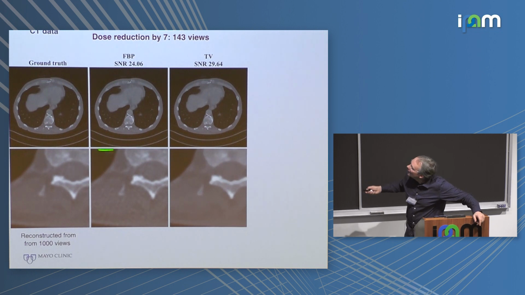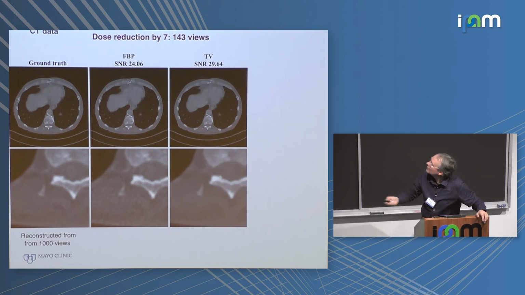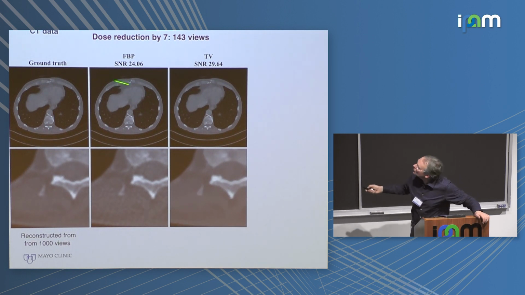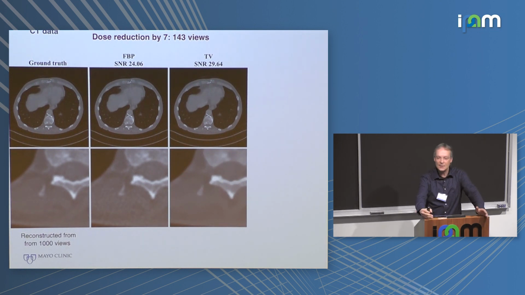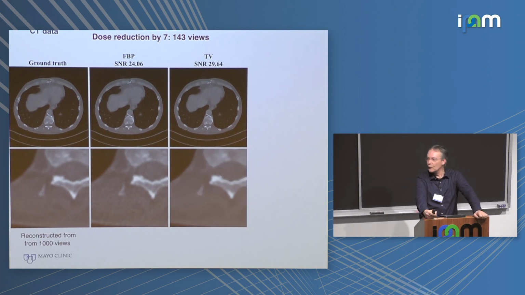So here is a CT image, filtered back projection. So that would be like standard reconstruction, but it doesn't work very well because we're subsampling by 7. So we're in the sparse view scenario. So now, if we use compressed sensing and all the machinery developed by Stan, we get a 5 dB improvement.